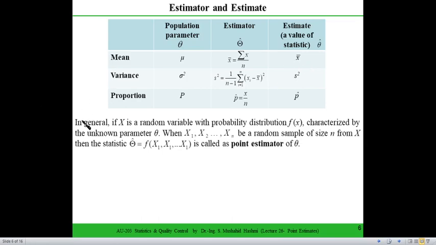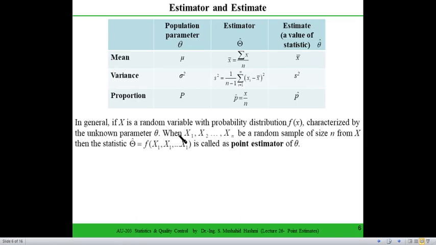In general, if x is a random variable, and the probability of any value of the random variable is represented by f of x, which depends on some unknown parameter of a population represented by theta.